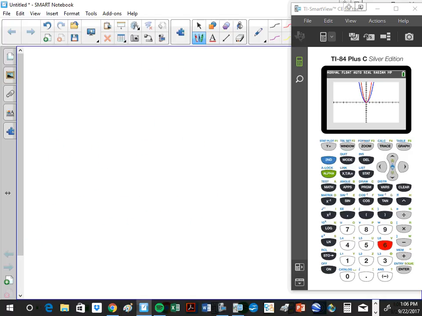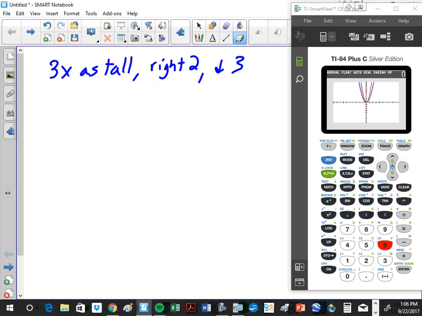Do you want to see another one? Okay, let's go: 3 times as tall, right 2, and down 3. Oh, well, these are out of order, sorry. Let's not do 3, let's do 4.